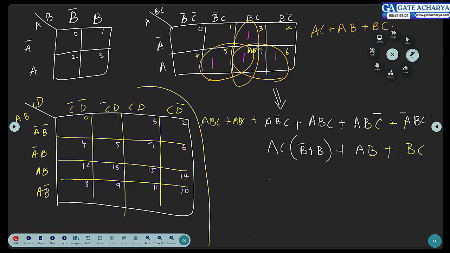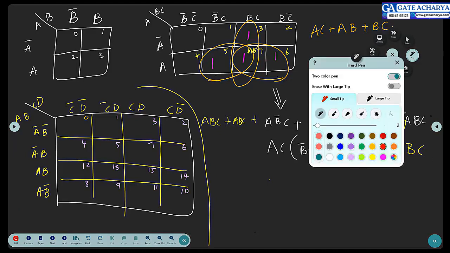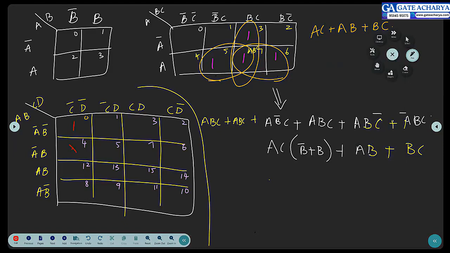Okay. See, they have a K-map like this. What color shall I use? Red. This is some one. X. What is the meaning of this X? Don't care. What is the meaning of don't care? Don't care means it is either 0 or 1. It's up to the user to choose. So you can choose it as 0 or 1. Now, how do you reduce this? This is the given K-map.